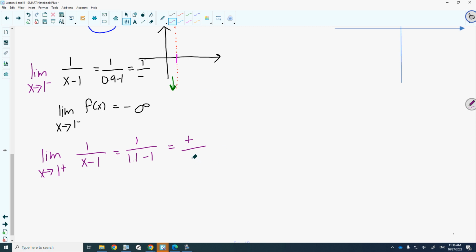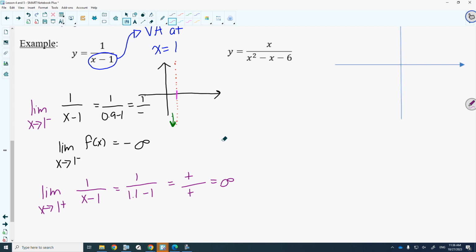I'd have a positive number down here. Again, the number doesn't matter as long as you can figure out if it's positive or negative. Do you guys know what this limit is going to approach? It's going to approach positive infinity. So on this side of the graph, we're going to do this. Now, that's all you need to know for right now. Rational functions, you might remember them from 20-1, but here's what this graph is going to kind of look like. Actually, I'll show you on the calculator.